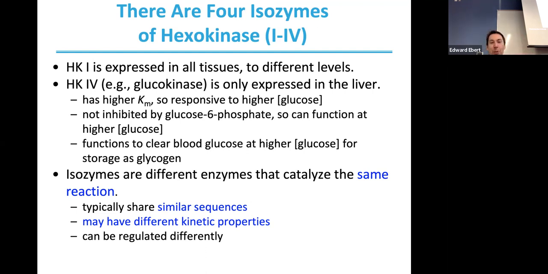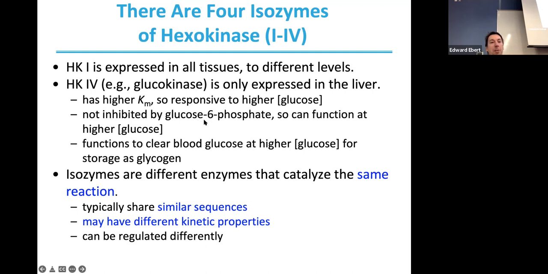You might not have a whole lot in skin or something like that, but you're going to have some pretty much everywhere. Hexokinase 4 is the one that we are most concerned with because it's our glucokinase. It's only expressed in the liver. So that hexokinase chart we saw before, in the liver, it's got a very high Km. So it is very responsive to high glucose concentrations. So if we see the glucose concentrations increase, we're going to see hexokinase 4 activity ramp up.